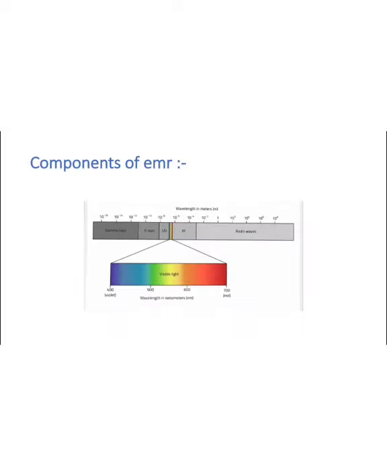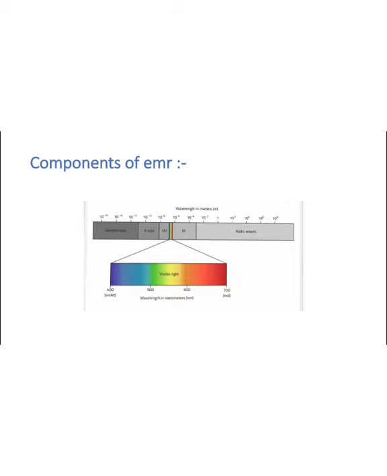Components of EMR: gamma ray, X-ray, UV, visible, IR and radio are the components of EMR. In colorimetry we will study the visible region only, 400 nanometer to 700 nanometer.